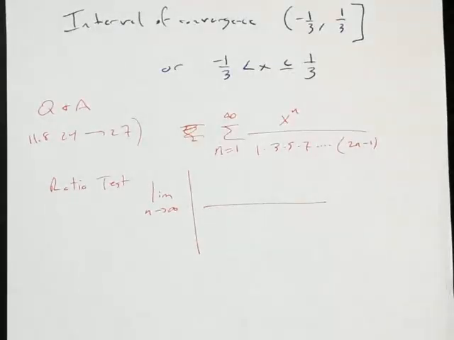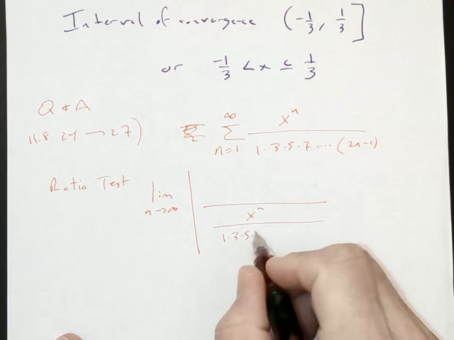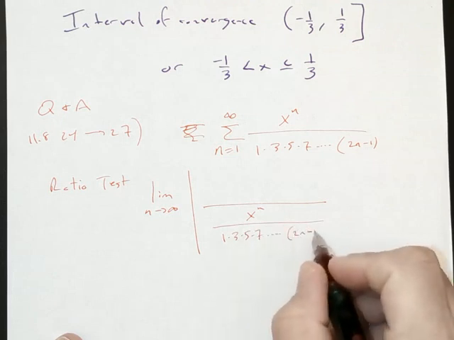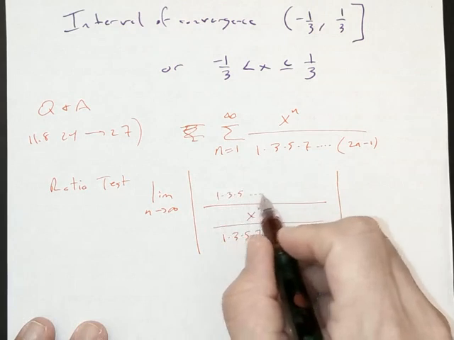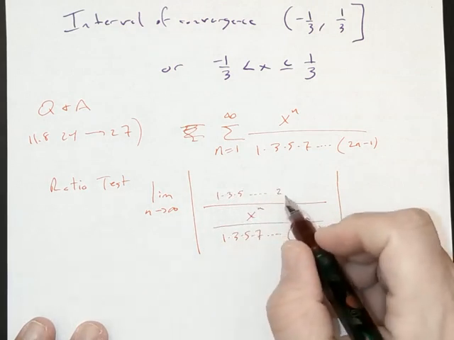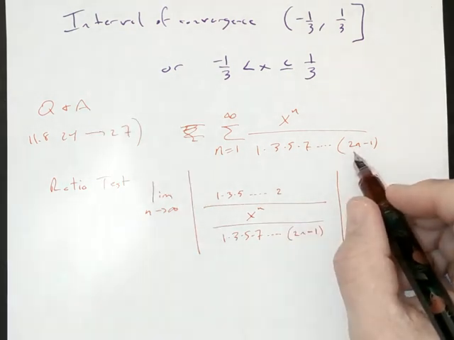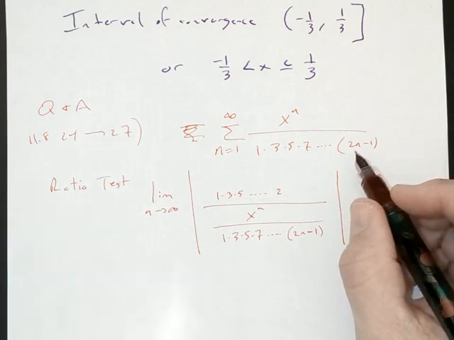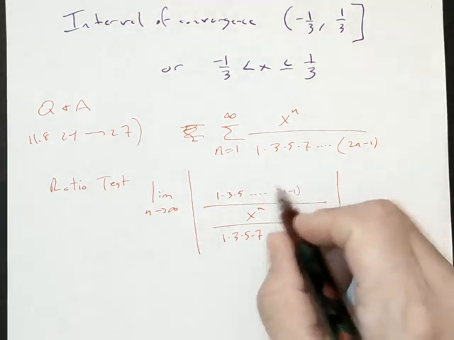So that's the thing that goes on the bottom. What's the thing that goes on the top? Yes, I have to replace this n with an n plus 1, but also I want to note, I can't figure out what I'm reflecting off of, I also want to note that the one right before that is 2n minus 1.